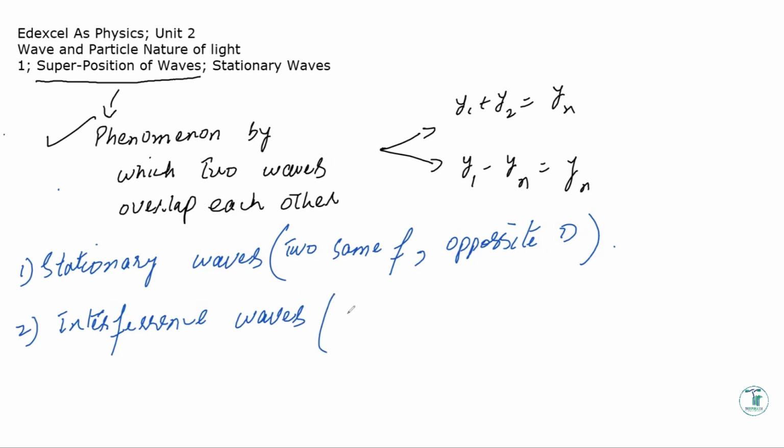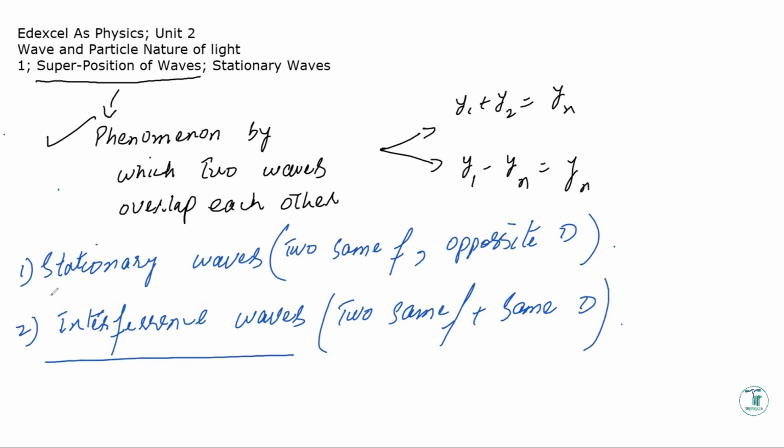Secondly, for the interference of waves, we need to remember that when two waves having the same frequency are traveling in the same direction, it is known as interference of waves. Firstly, we have the stationary wave.